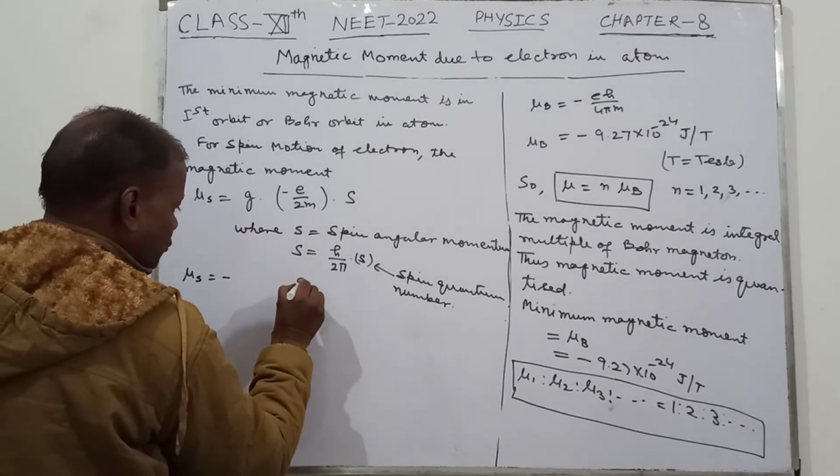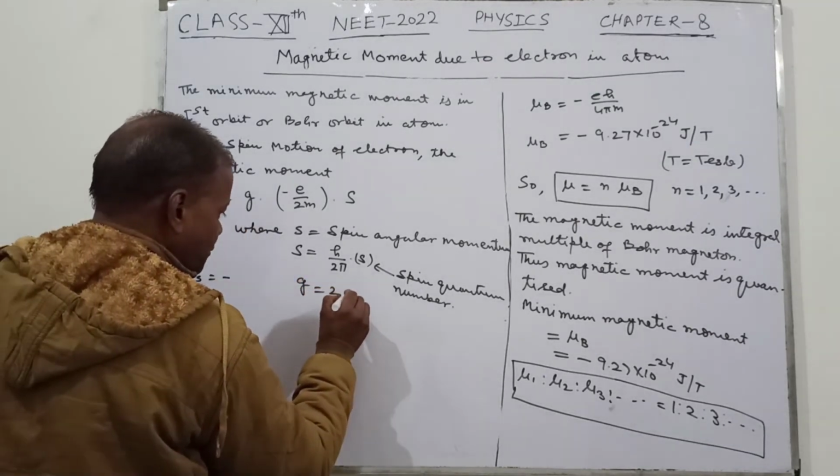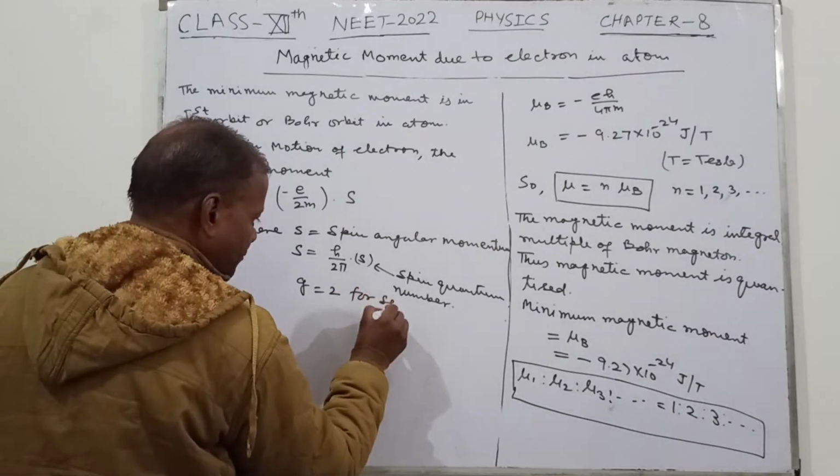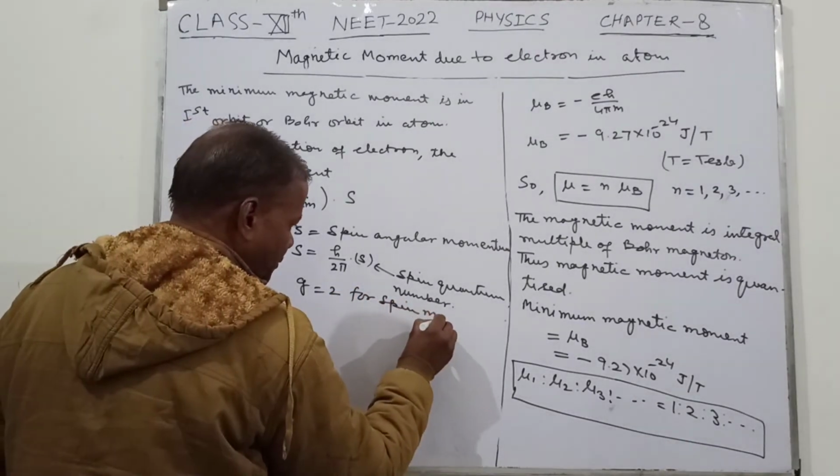Again μ_s is equal to minus, and g is equal to 2 for spin motion.